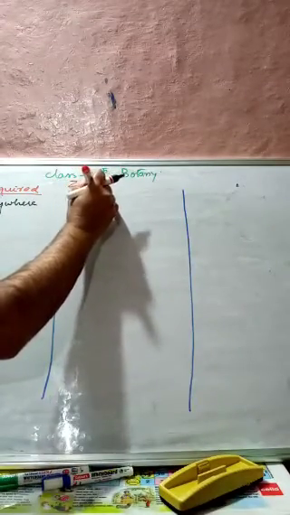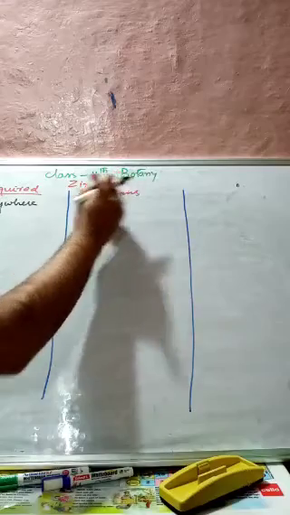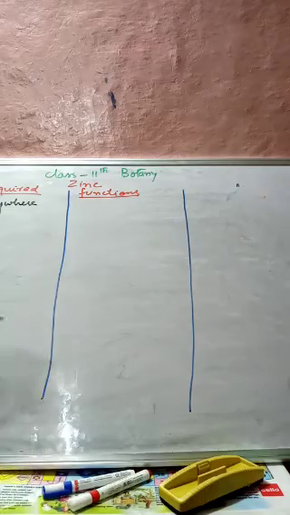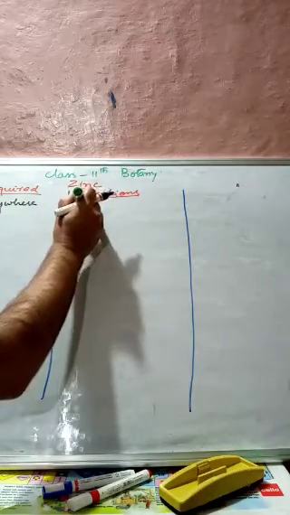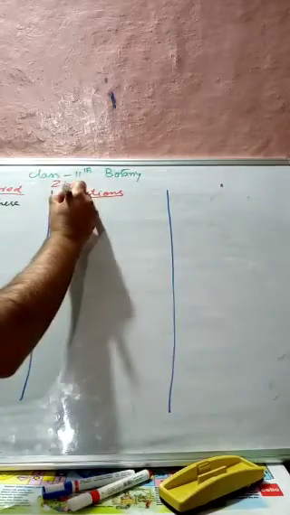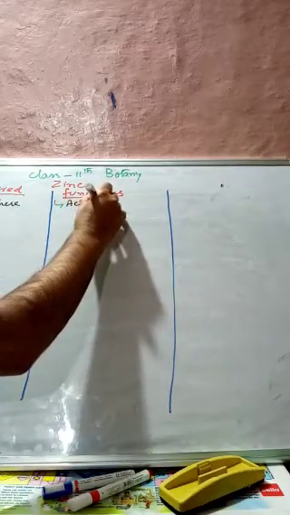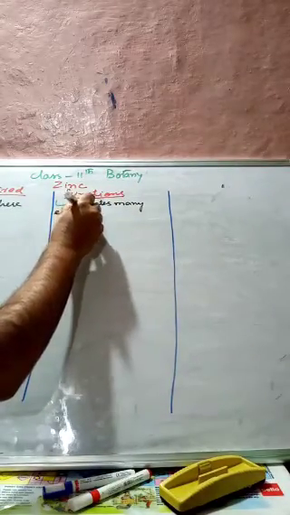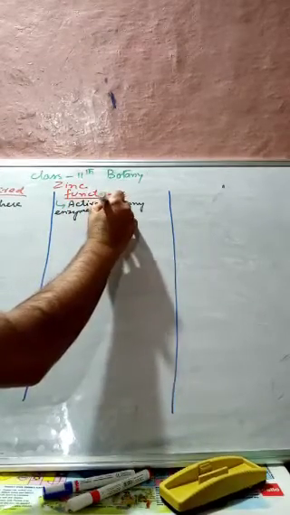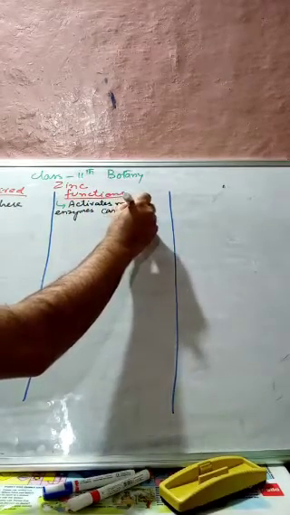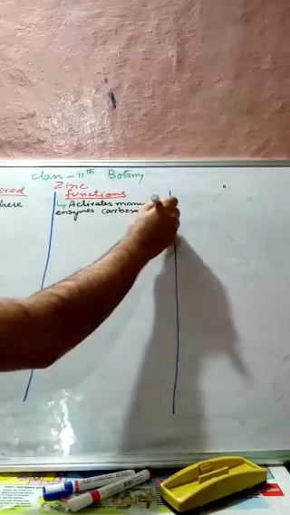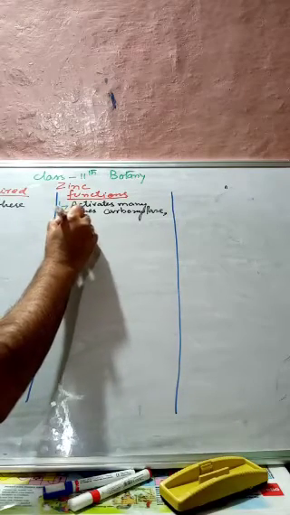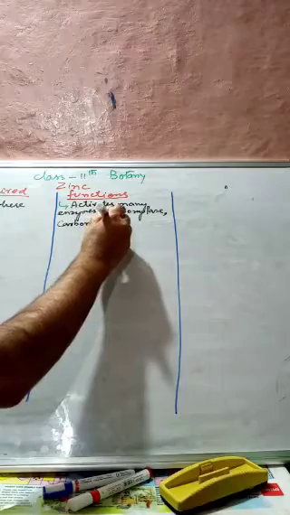Third, what are the various functions that are going to be performed by this zinc? This zinc performs various functions. Number first, it activates many enzymes, especially carboxylase. Second one is carbonic anhydrase.